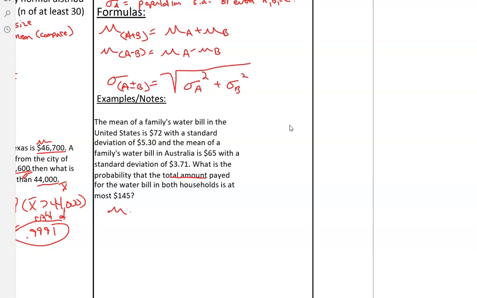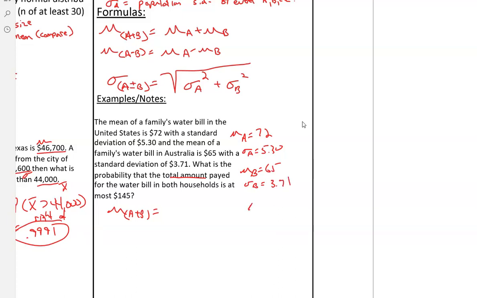So the mean of A plus B is going to be mean A plus mean B. Mean A is going to be 72, the US, and sigma A is 5.30. Mean B is going to be 65, and sigma B is going to be 3.71.